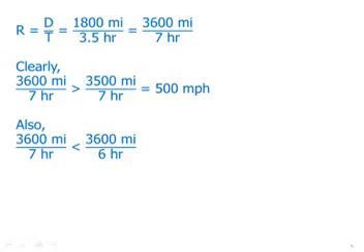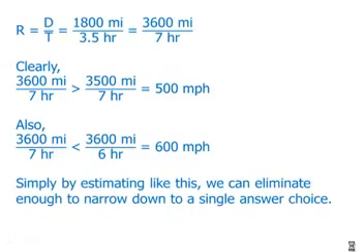Also, 3,600 over 7 has to be smaller than 3,600 over 6. Well, that equals 600 miles an hour. So that means that the answer has to be between 500 and 600 miles an hour.